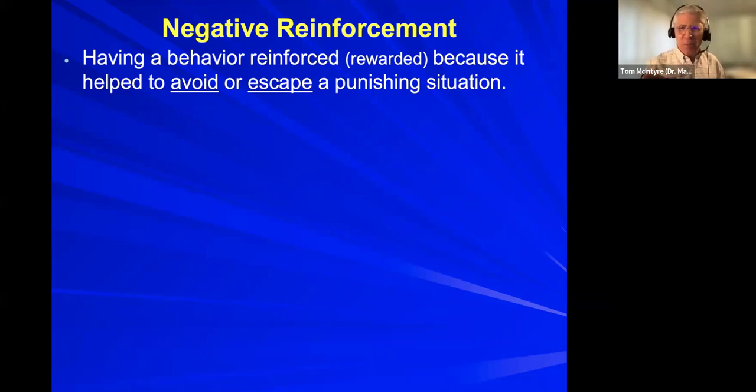It's reinforcement. So what is this negative version of it? If you show an action either to avoid a bad situation, or if you're in a bad situation and you show a behavior and it allows you to escape it, that is negative reinforcement.